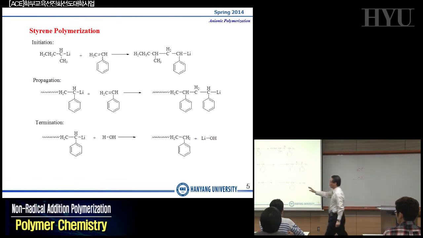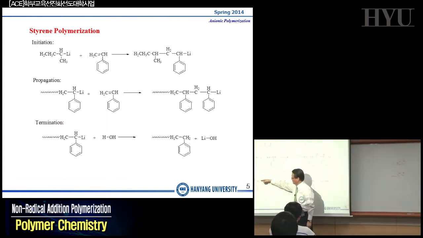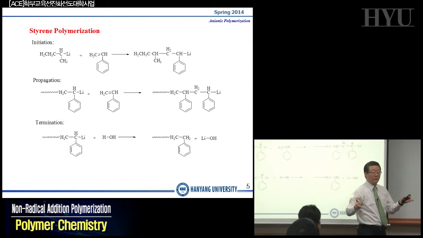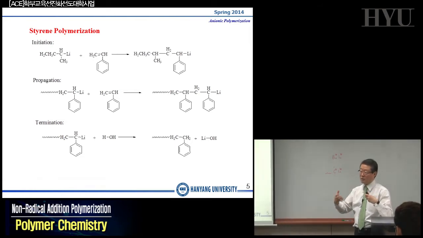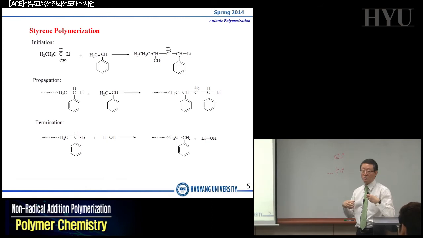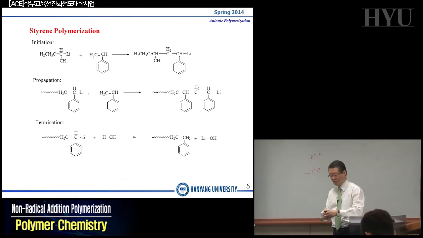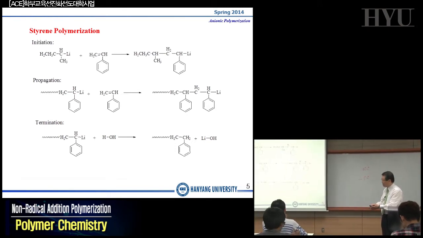If you don't have any water here, there is no termination step. So at the end of a chain, you still have active anionic species remaining. If you add monomer, then the polymerization reactions will still proceed, and by adding more, you have a repeated increase in the molecular weight.